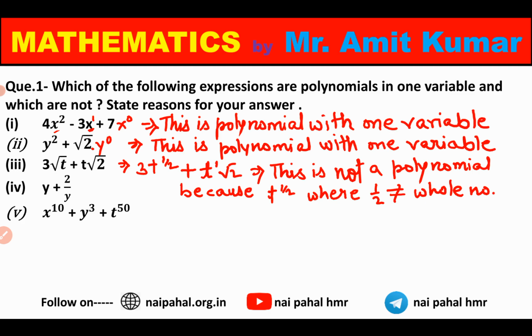Let's continue to the next part, where we have y plus 2 upon y. So we can also write it as y power 1 plus 2 y power minus 1. As we can put 1 here, if it goes to the numerator or the upside, then the power interchanges with the sign.